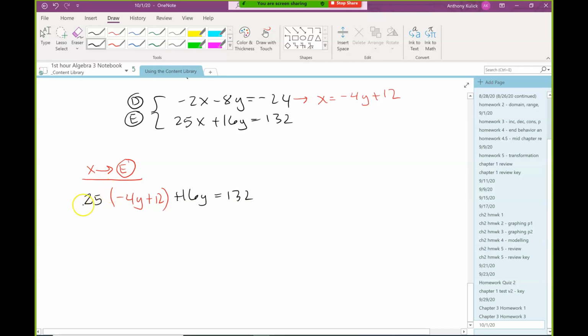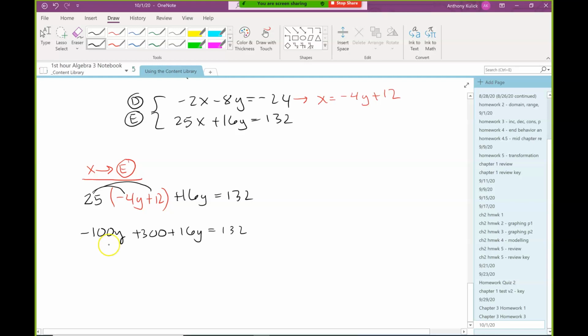So I notice there's a coefficient in front of my parentheses, so I have to make sure I distribute that coefficient. So 25 times -4 is -100y. And 25 times 12 is 300. Then I still have that plus 16y, and I still have equals 132.